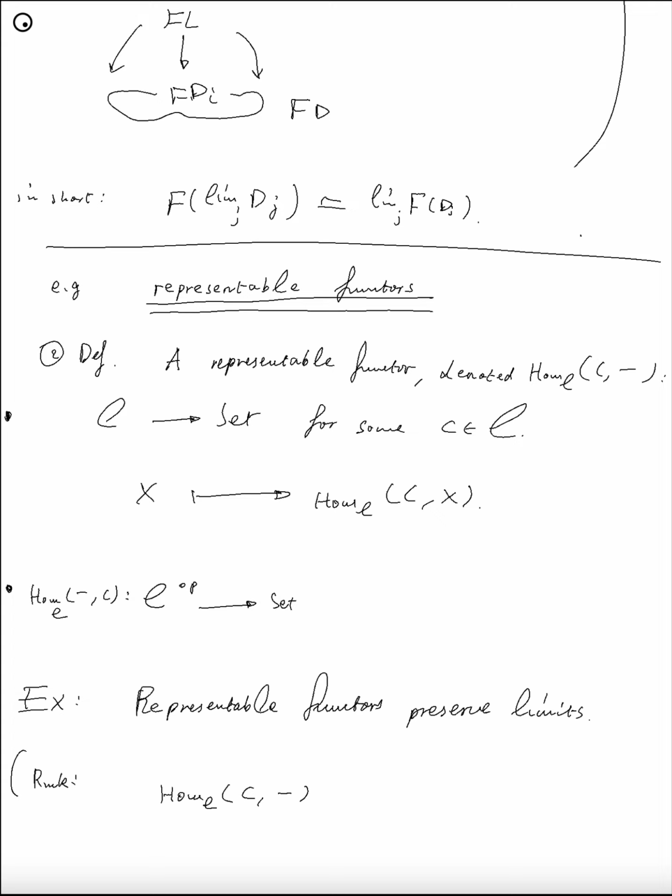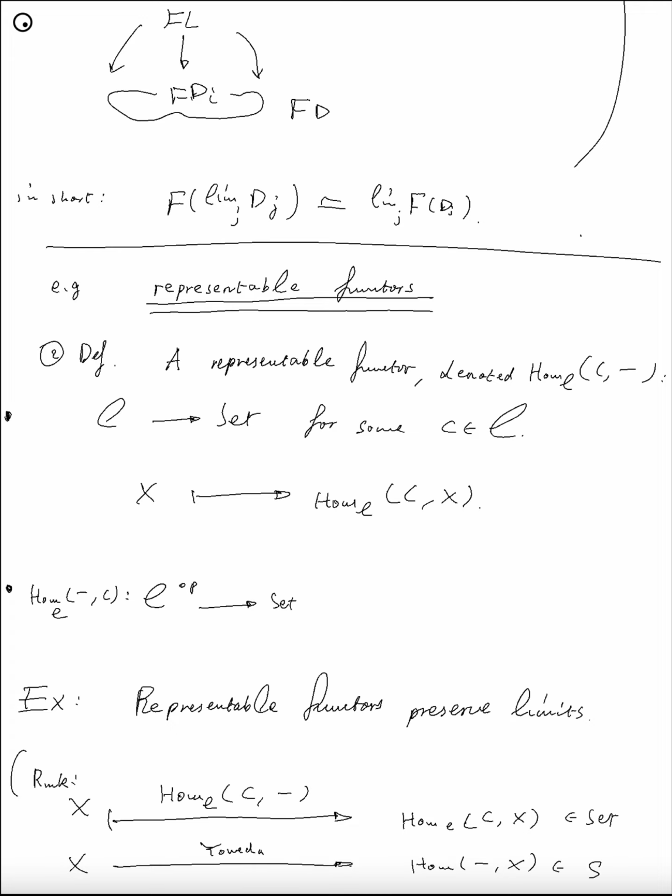The Yoneda embedding, instead of mapping X to a set, maps X to a functor, for example this covariant functor, while this maps it to a set.